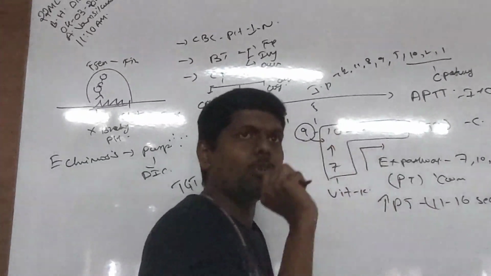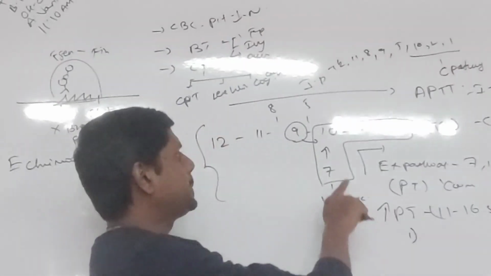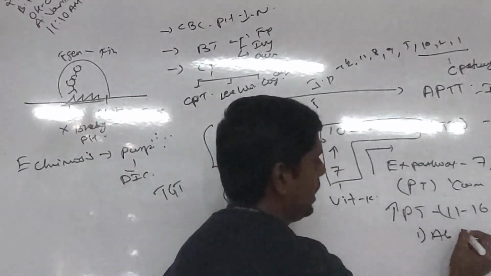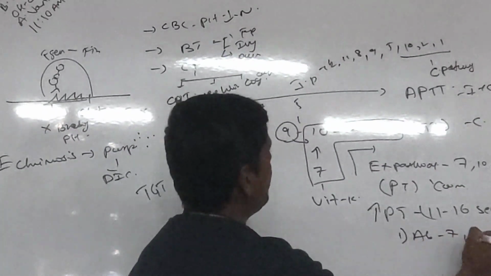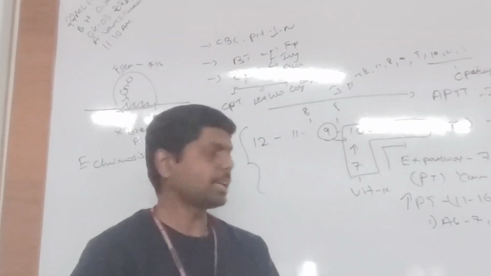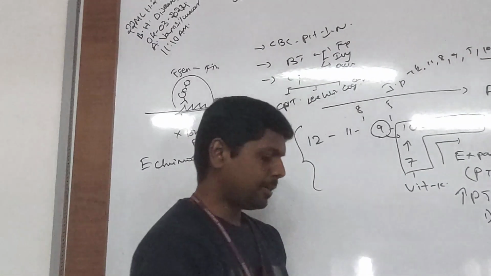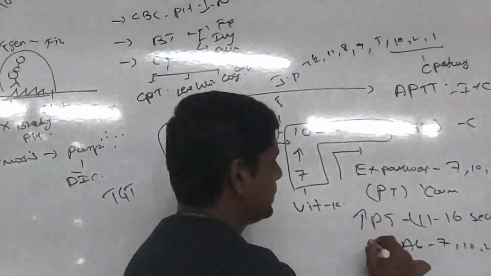Increased PT indicates what? Tell me, students. Obviously, absence of any one of these clotting factors. What clotting factors? 7, 10 to 1. Absence of 7, 10 to 1 can cause elevated PT. Clear? Then, elevated PT can also be seen in what condition?